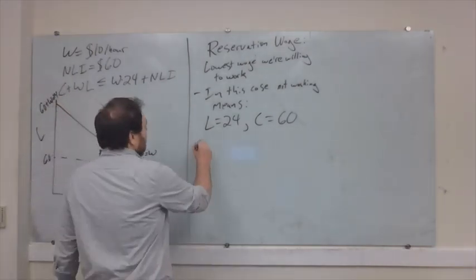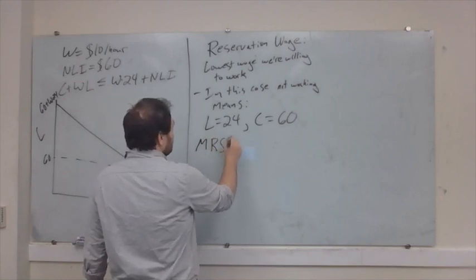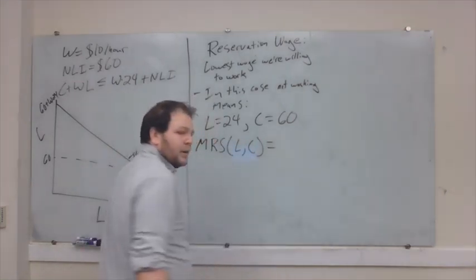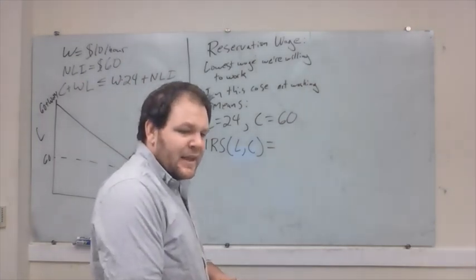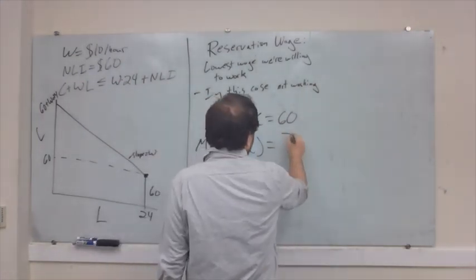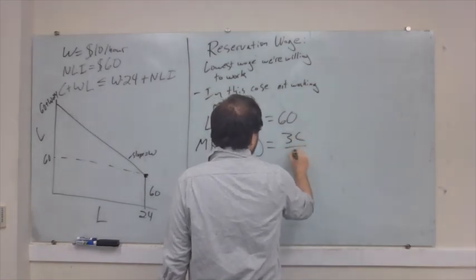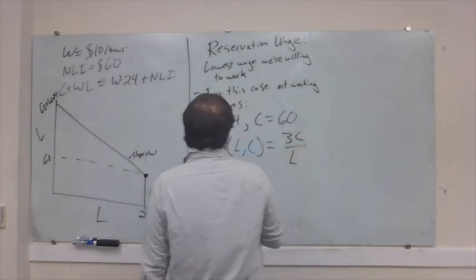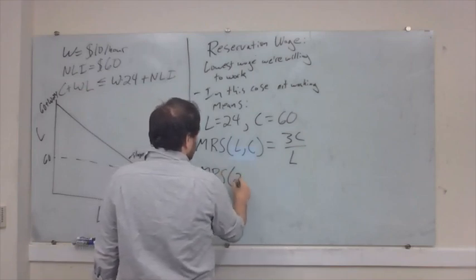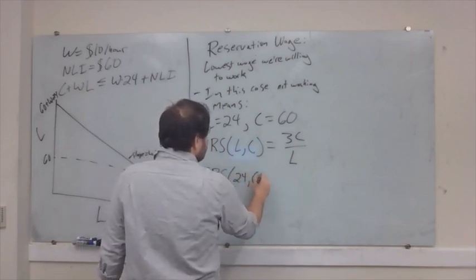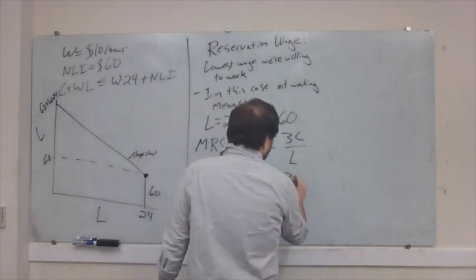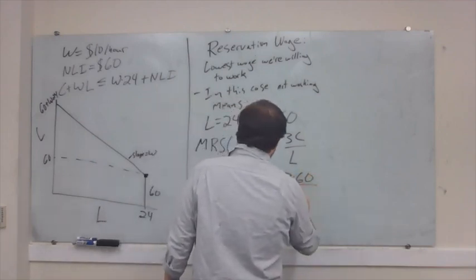So our MRS of L and C, as we found before, is going to be given by 3C over L. So our MRS of 24 hours of leisure, 60 units of consumption, is going to be 3 times 60 over 24.